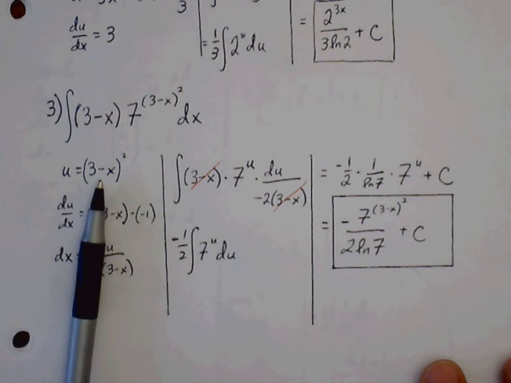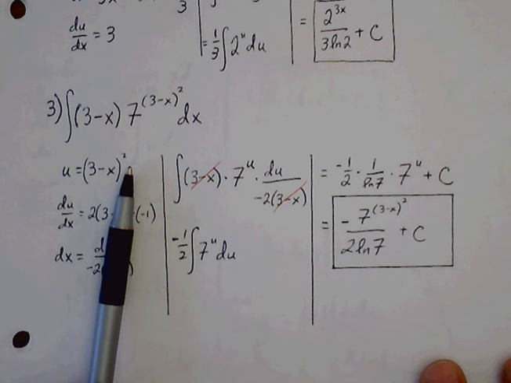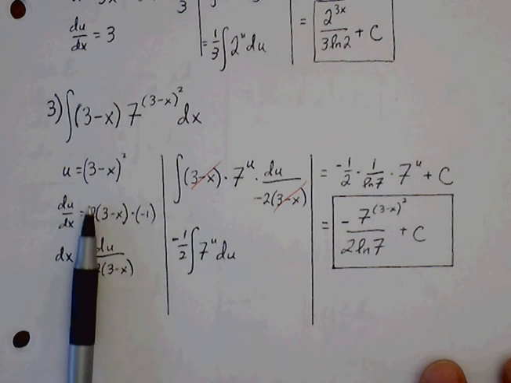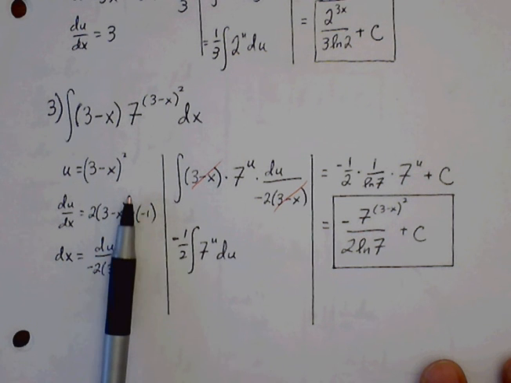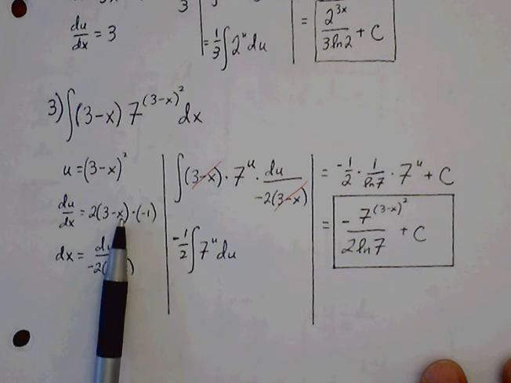To find the derivative in this form, we have to go through the chain rule. Take care of the outer function's derivative first: bring the 2 down in front, 2 times 3 minus x, subtract 1 from the exponent, 2 minus 1 is 1, multiplied by the inner function's derivative. So 3 goes to 0, but negative x turns to negative 1.